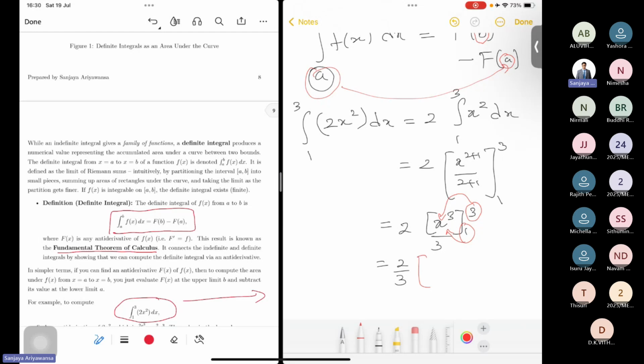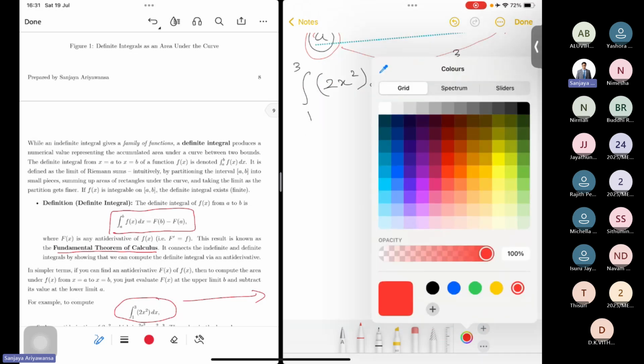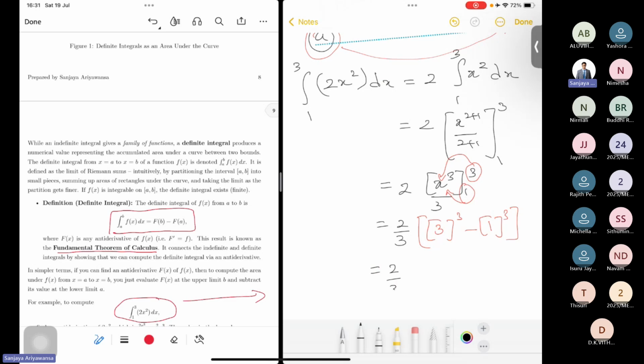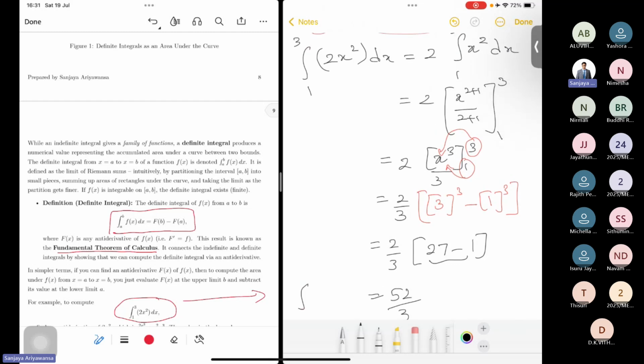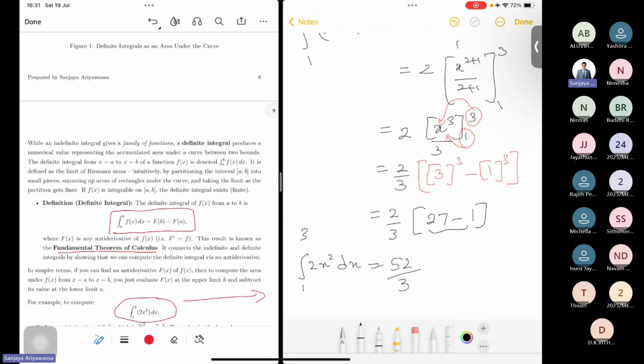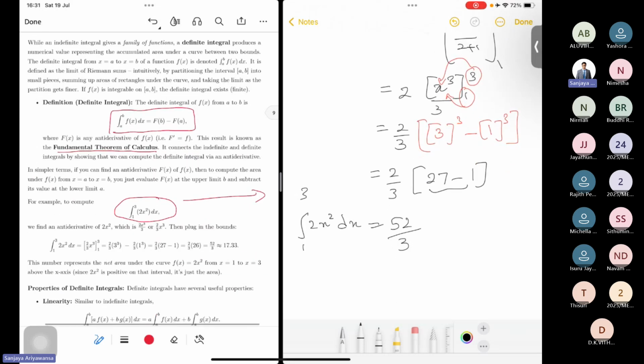First I substitute in the upper bound, 3 cubed, minus I substitute in the lower bound, 1 cubed, right? And then what do I get? 2 over 3. 3 cubed is 27, minus 1 is 26. 26 times 2 is 52. 52 over 3 is the answer when I integrate 2x squared times dx. And that's what I get here.